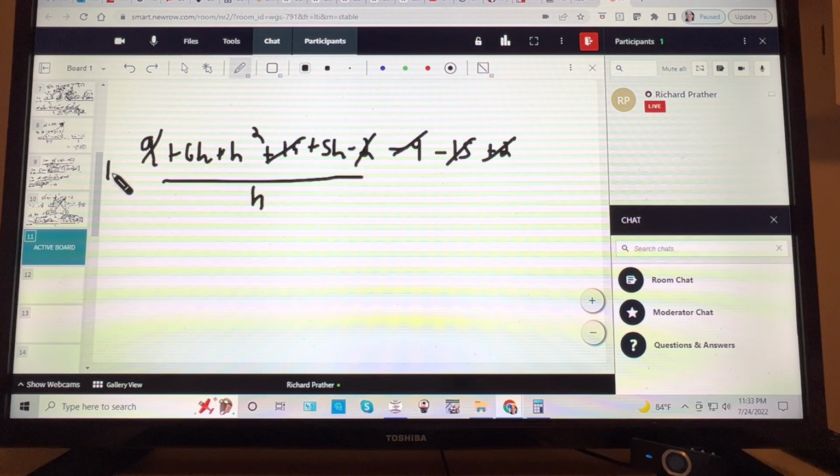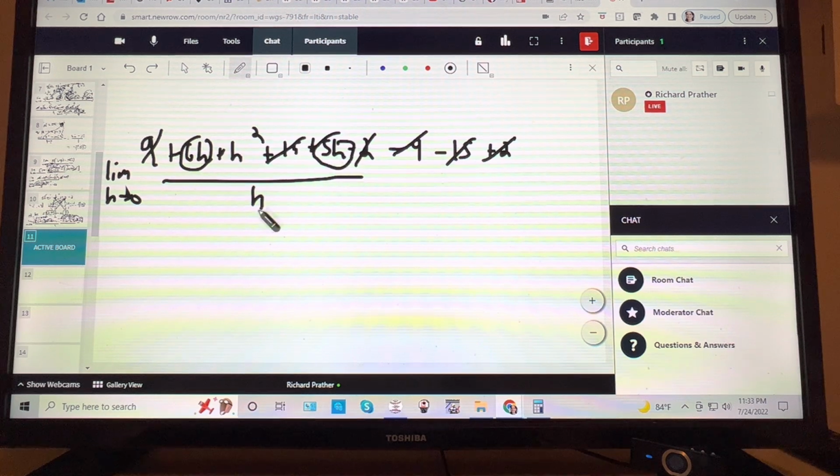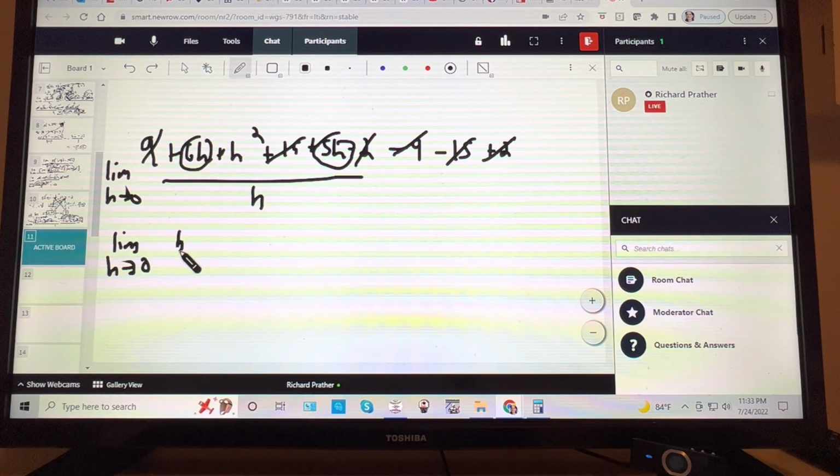All the remaining terms have h in them. And there's even a set of like terms. 6h plus 5h is 11h. So I can either write 11h plus h squared, or the other way around, h squared plus 11h. But on the top you can factor out h, even if there's more that you could factor out.